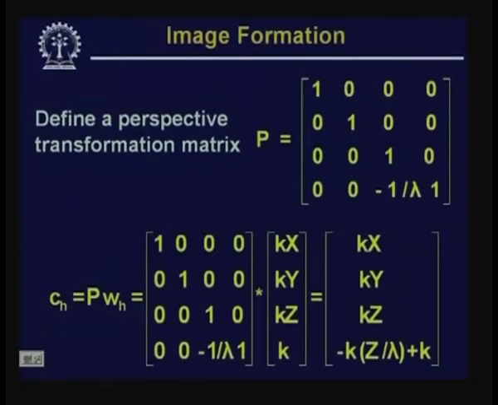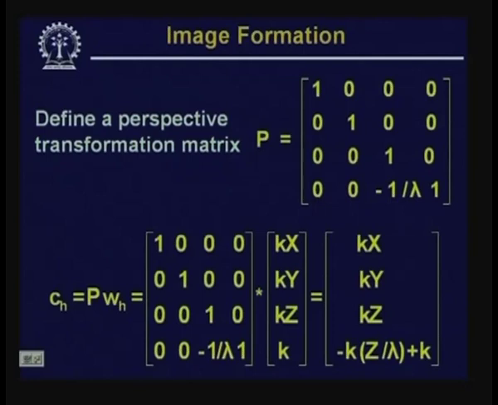For a world point, once we have the corresponding homogeneous coordinate kX, kY, kZ, k, we define a perspective transformation matrix P, which in this case is 1 0 0 0, 0 1 0 0, 0 0 1 0 and 0 0 minus 1 upon lambda 1.